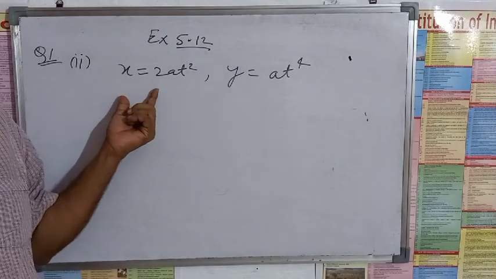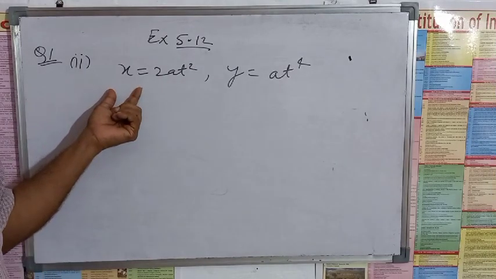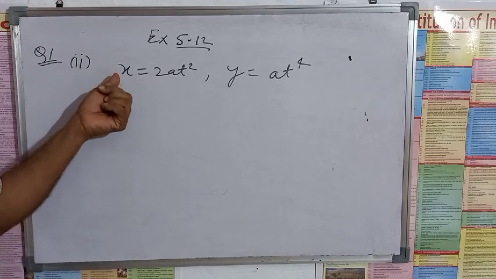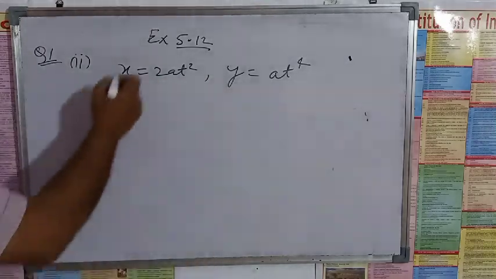It is a parametric function, t is the parameter. We have to find dy by dx. So firstly we will differentiate x and y both with respect to t.